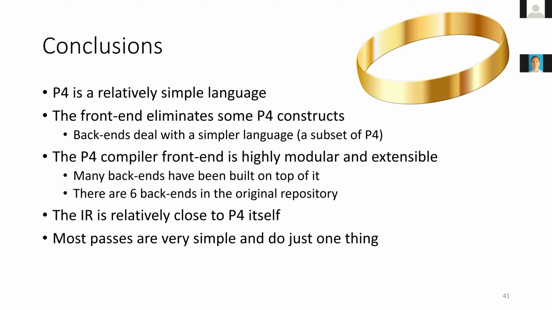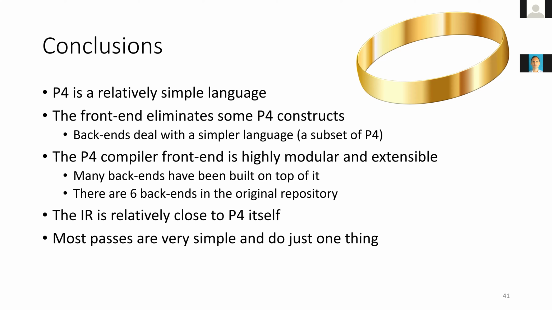So I think if this is what you need to do in your job or as a hobby, you shouldn't be afraid of trying it. And we designed the compiler to be modular and extensible. At least the front end; some backends are proprietary, so we don't know how they look. But everything that is in GitHub is designed to be extensible and easy to understand.